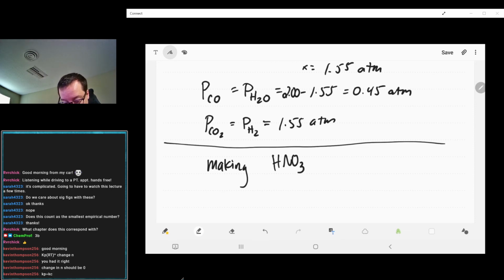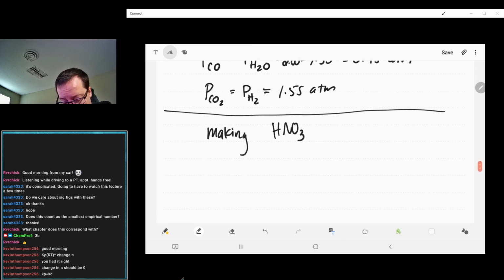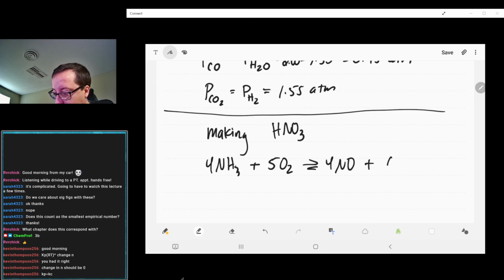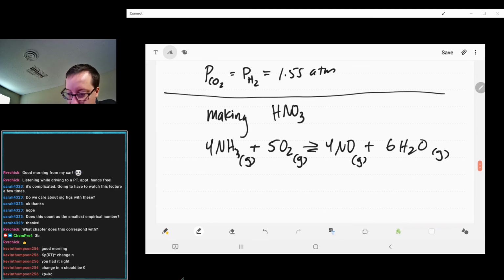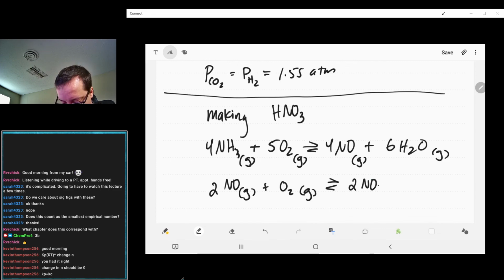So there's going to be two steps. This is called the Ostwald process, by the way, where we take ammonia and burn it, combust it essentially, and we're going to make these guys. And step 2 would be taking 2NO and burning that further to make 2NO2.